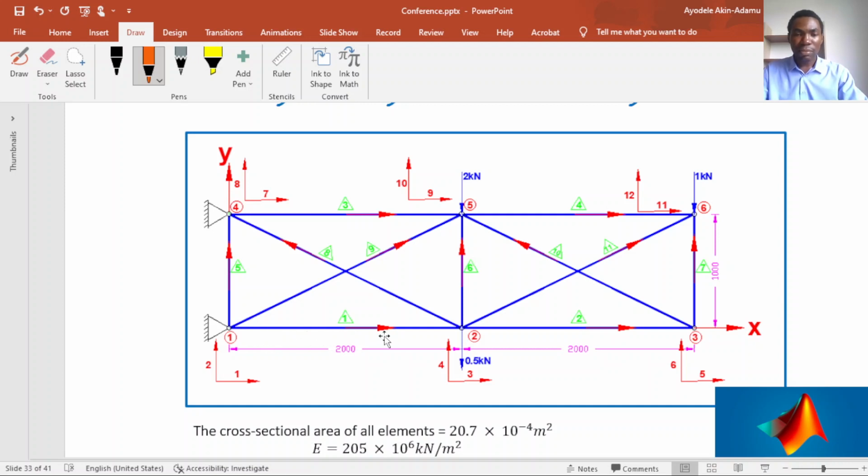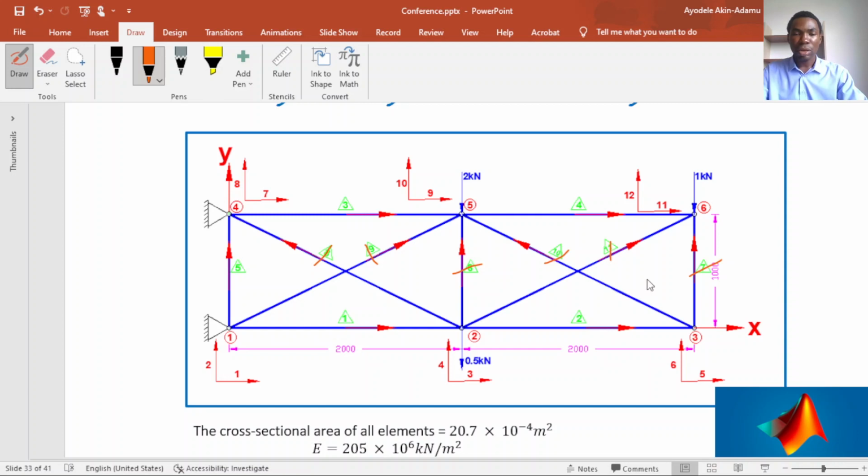The element between node 1 and node 2 is my element 1. This is my element 2, this is element 3, element 4, element 5, element 6, element 7, element 8, 9, 10, 11. So there are 11 truss finite elements in this structural system.